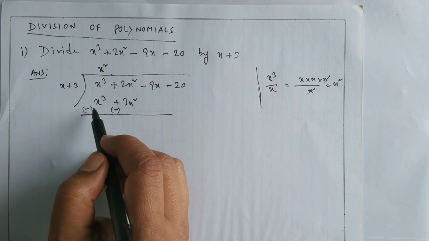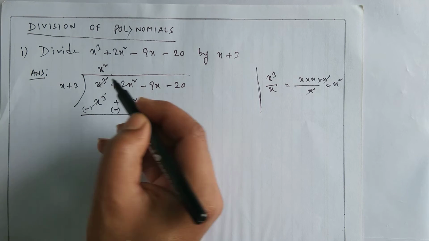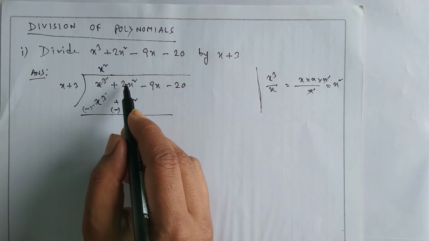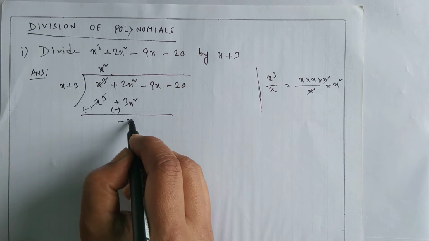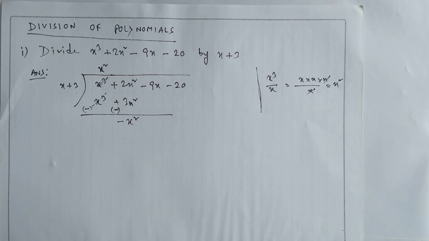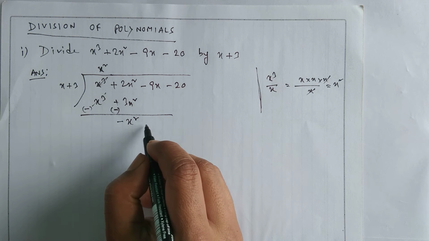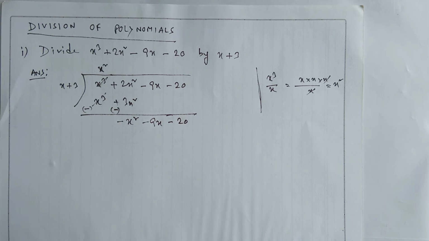Now this is plus x cube and this is minus x cube, so they get cancelled. This is plus 2x square and this is minus 3x square. 2 minus 3 is minus 1x square, and we write minus x square. Done. Now minus 9x and minus 20 from the upper line will come down, and when they come down from the upper line, the sign does not change.